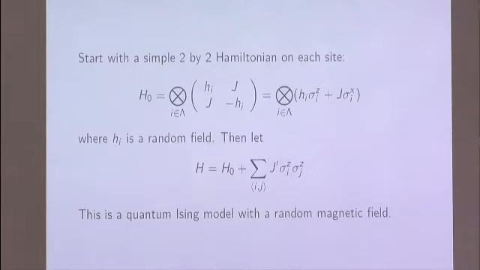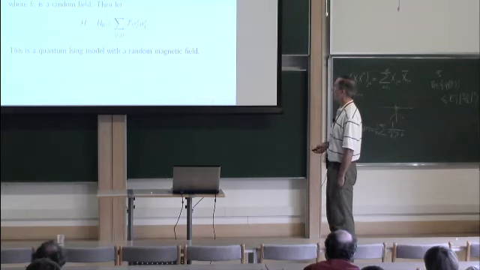You could, if you will, go to a basis where each of these 2x2 matrices would be diagonal, but then these matrices here would be off diagonal. So that's the point of view I want to take, where we start with the diagonal matrix, and then we have some perturbation on it, which is off diagonal, a very general type of problem in quantum mechanics.